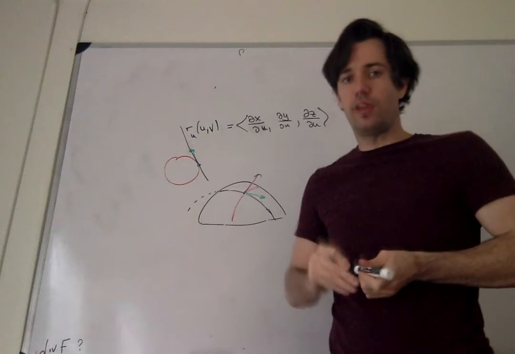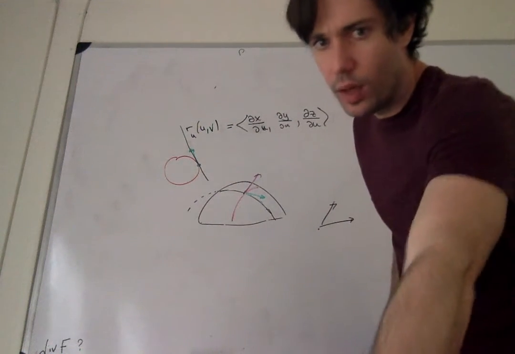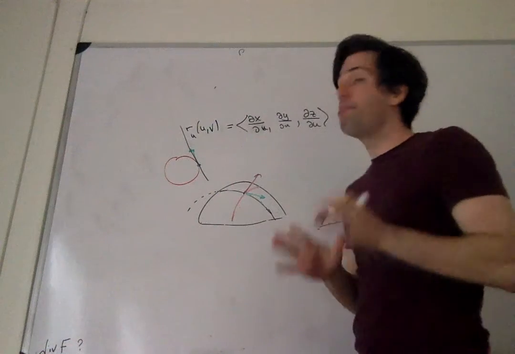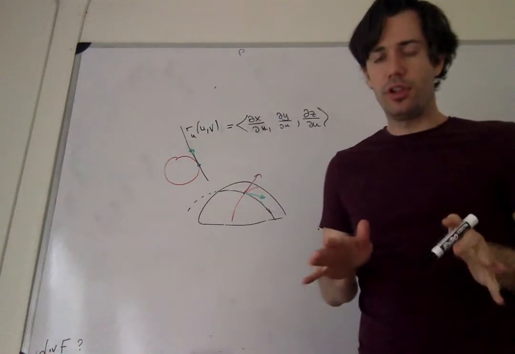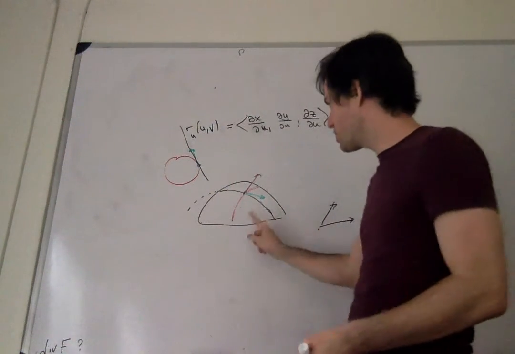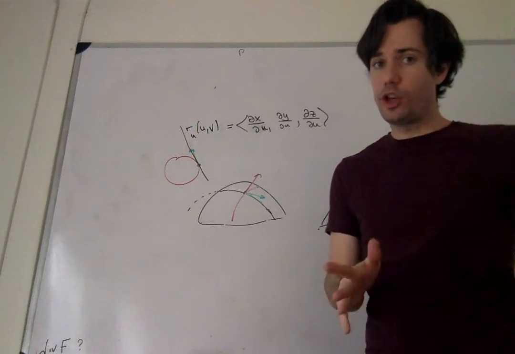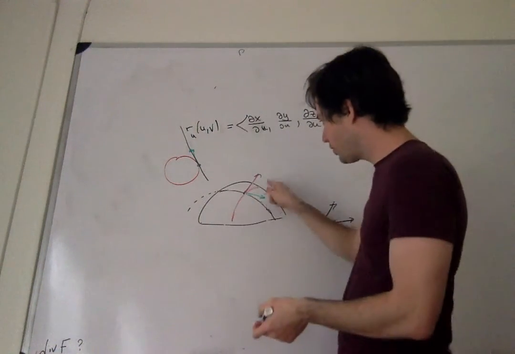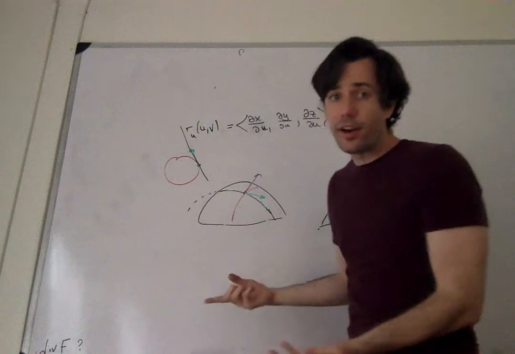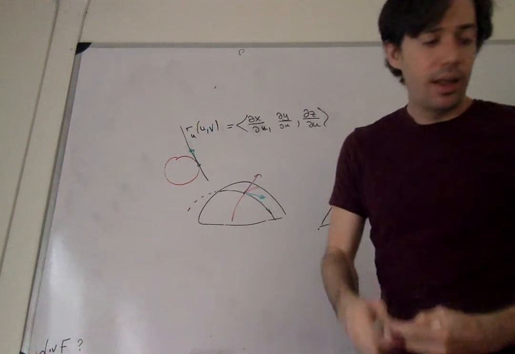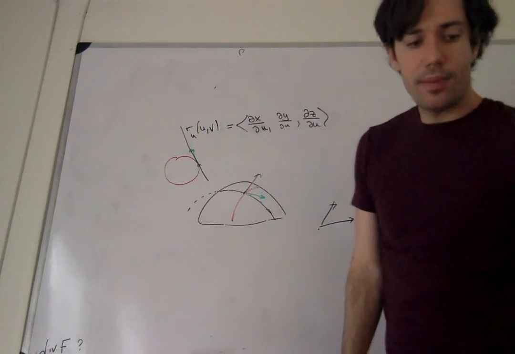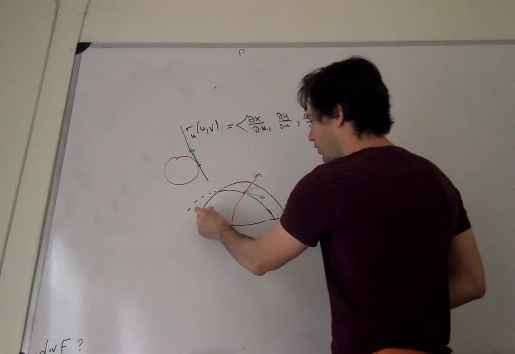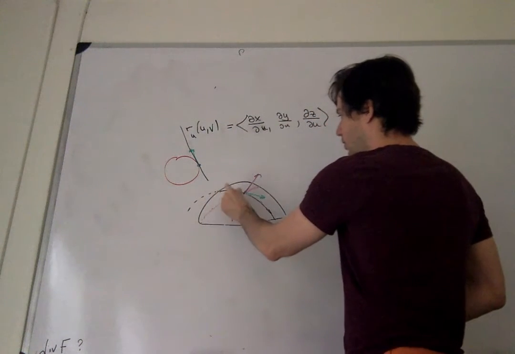Okay, well, what is the most natural thing to do, since there's all these different curves we could pick? We could do this curve, the red curve, the black curve, maybe there's another curve that goes like this.